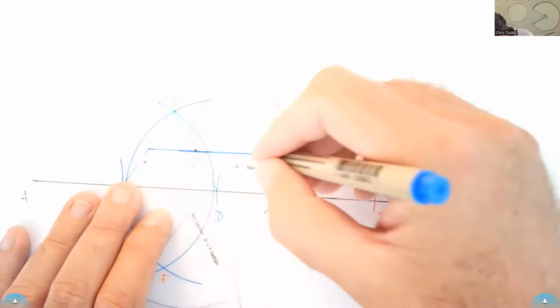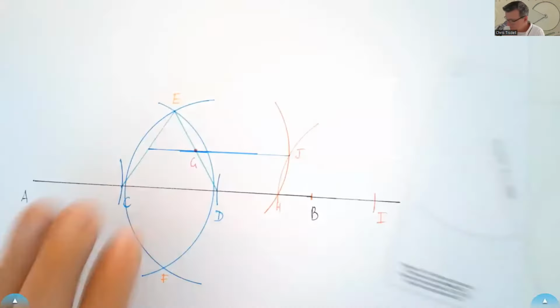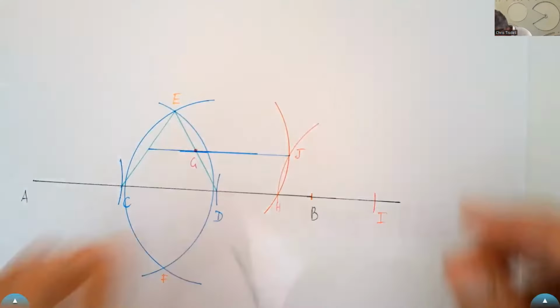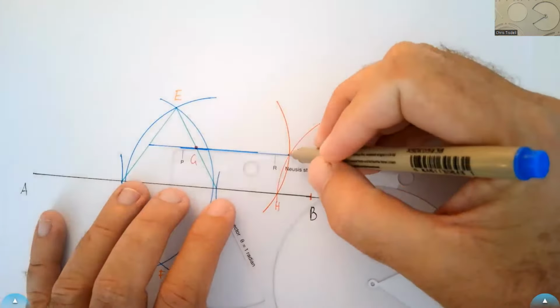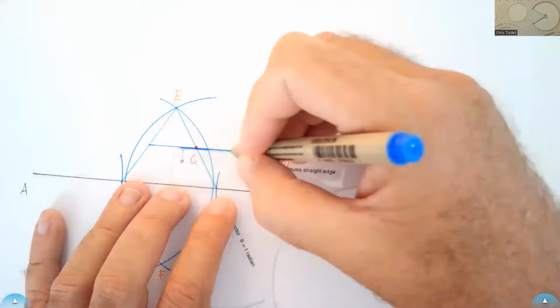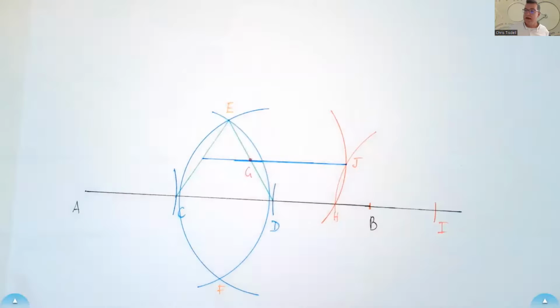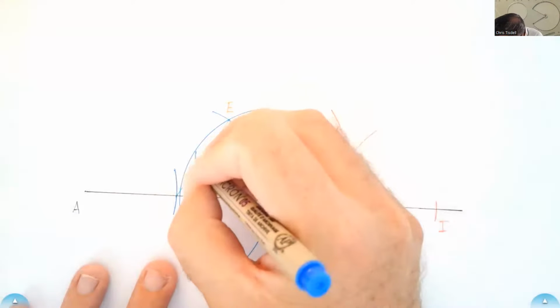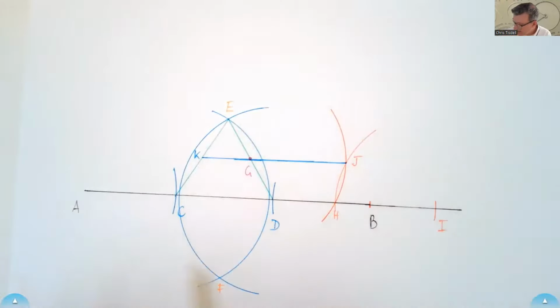There. Okay, so look a bit neater. All right, so now we've got, let's call that K. So KJ is parallel to AB, right?